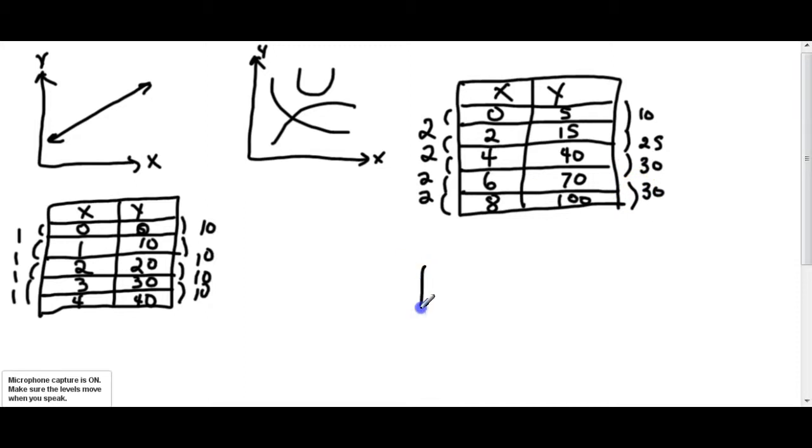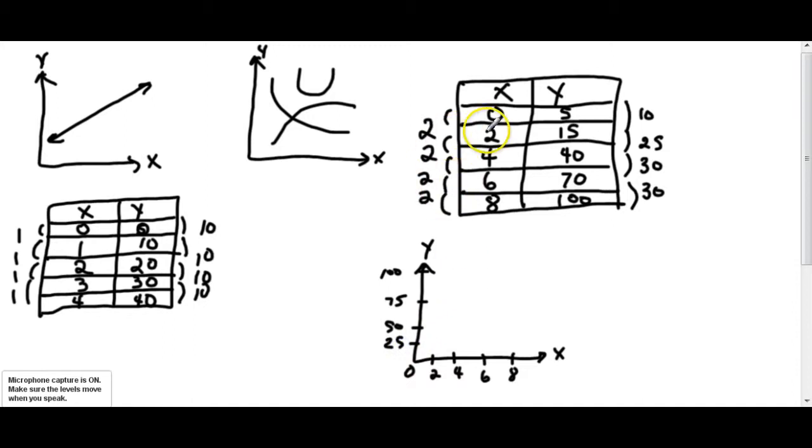So if I was to graph something like this, there's my y, and there's my x, there's my origin, 0, 0, and I was to label this x, well, let's just say that this is 2, 4, 6, 8, and over here my highest number is 100, so I want to make sure I'm at 100 at the top, and maybe this is 75, and this is 50, and this is 25.